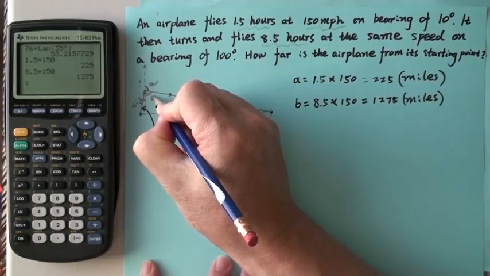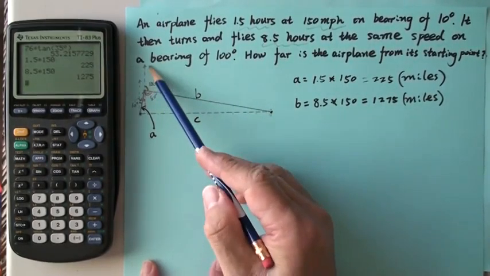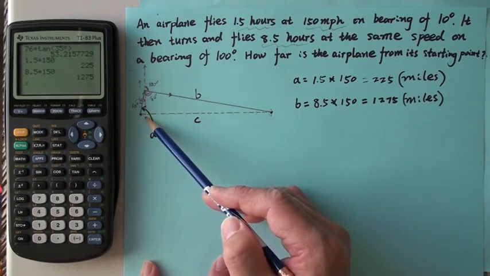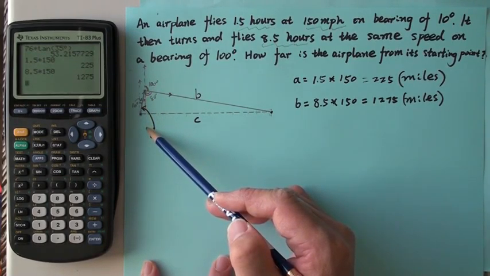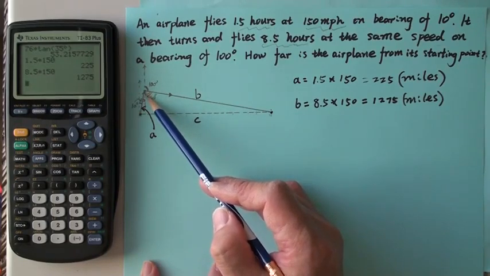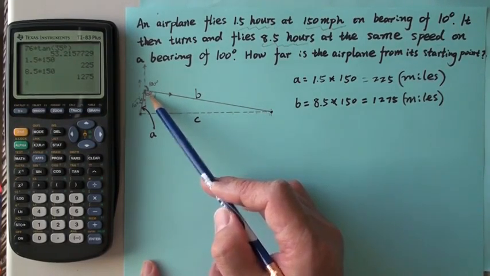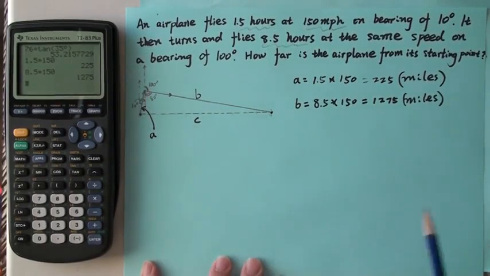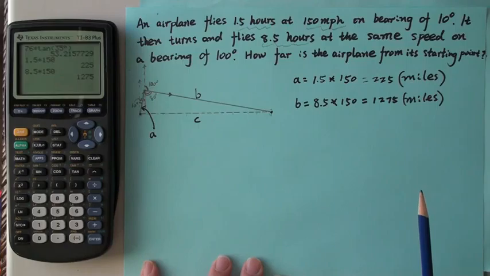If you stretch this line down, like to the south, then you will know this angle is 80 degrees, because together it has to be 180 degrees. That's a straight angle.